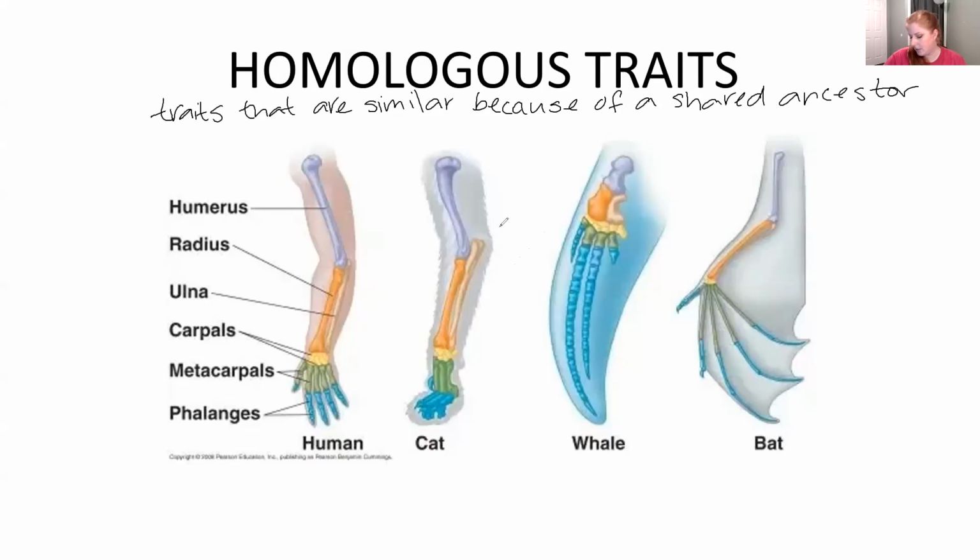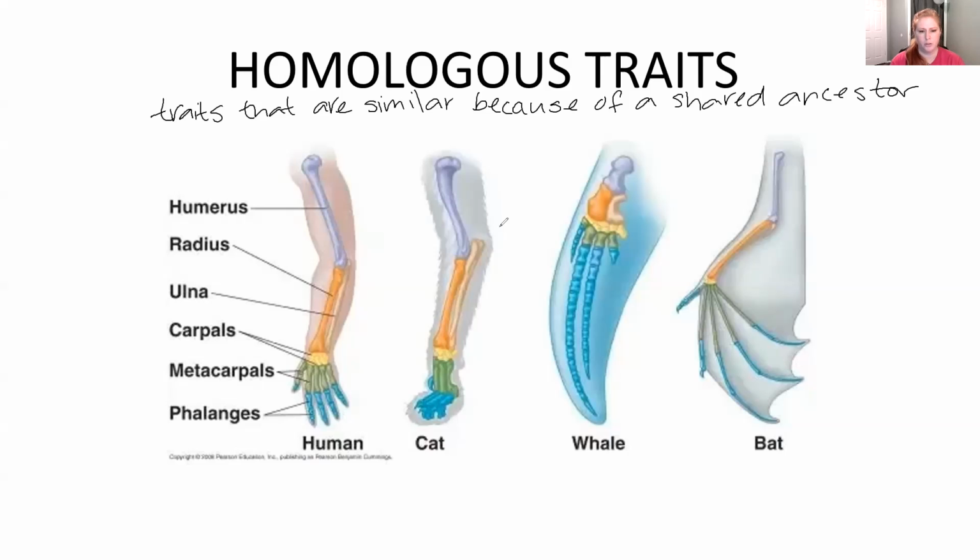So the example, there's a lot of examples, but one of the best ones is the bones in the appendages for humans, cats, whales, bats. You can notice that the bones have been color-coded.